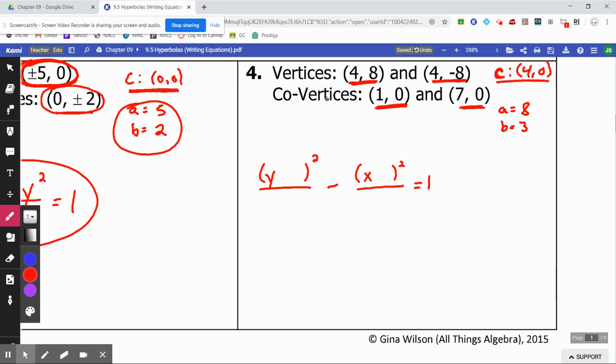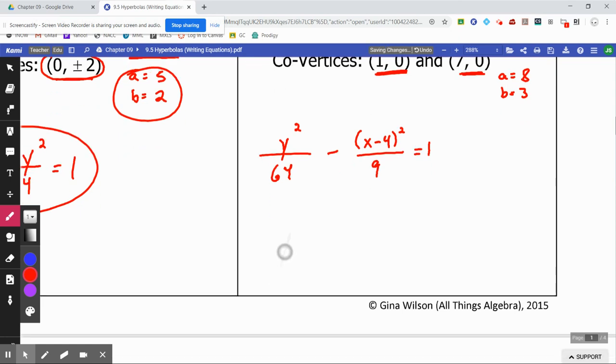Our x has been translated to 4, so we're going to put a minus 4 with our x to move it to the 4. Our y value has not been translated at all, so we don't need anything with our y's. So it's going to be plain y squared. So now we have y squared over a squared, which will be 64, minus x squared over b squared, which will be 9, is equal to 1.